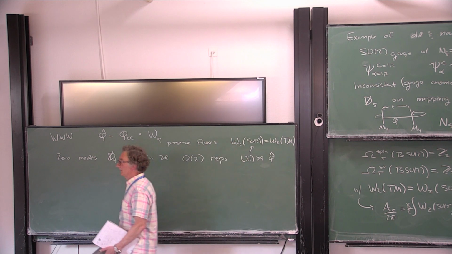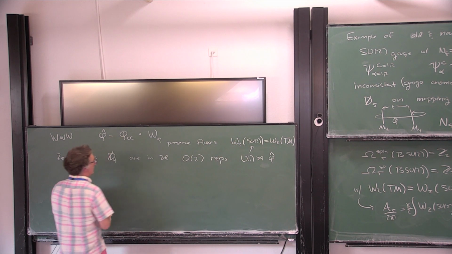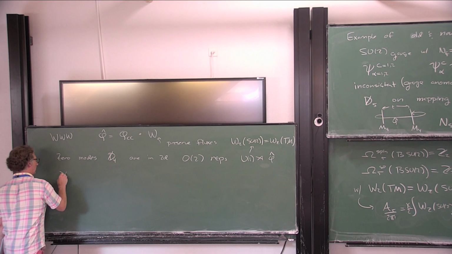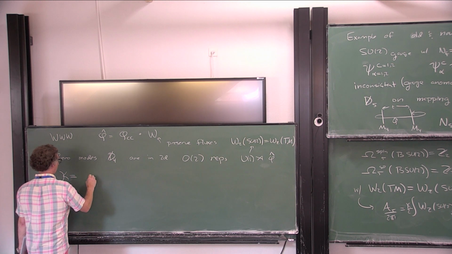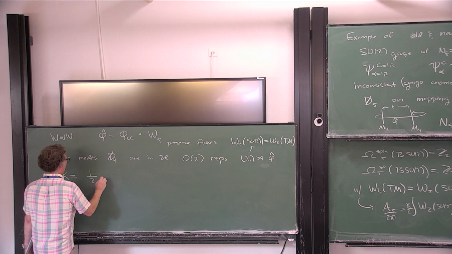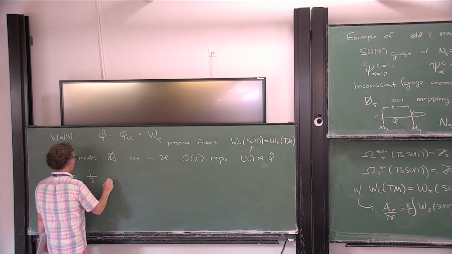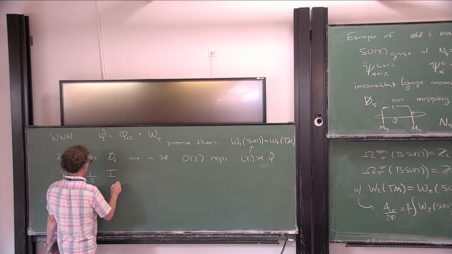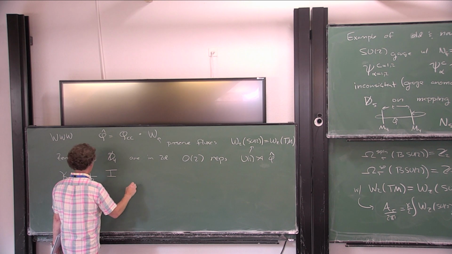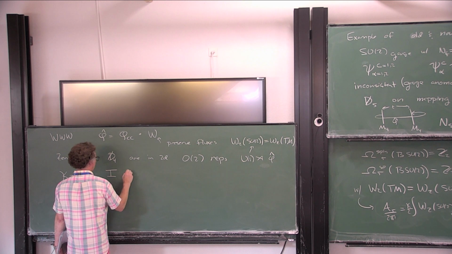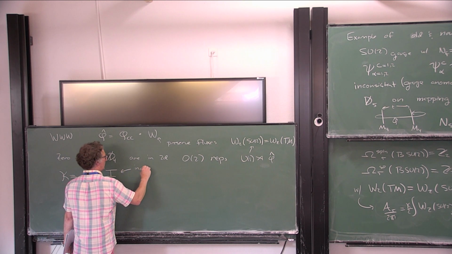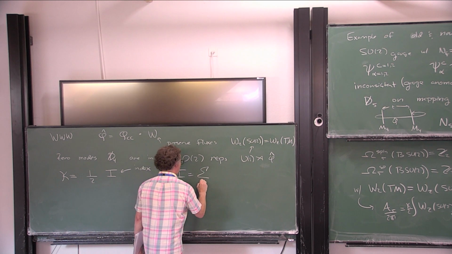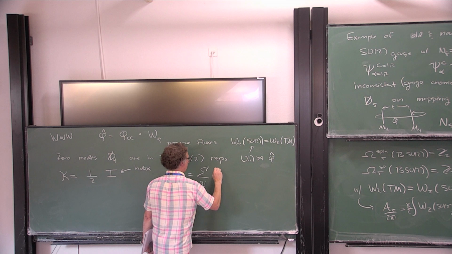And this, oh, my time is up. Okay, yeah, so maybe I'll just quickly write the formula. So you get basically some nice formula where this kappa is 1/2 of the number of zero modes, and the number, so this is the index, and the index we can write as a sum over a bunch of charges.